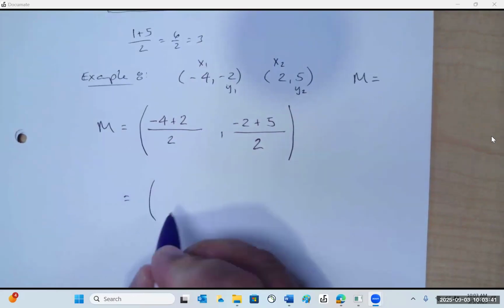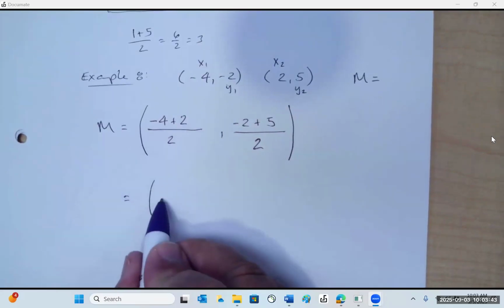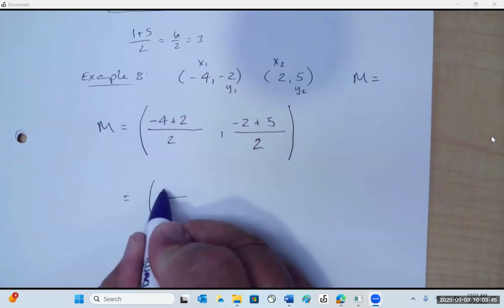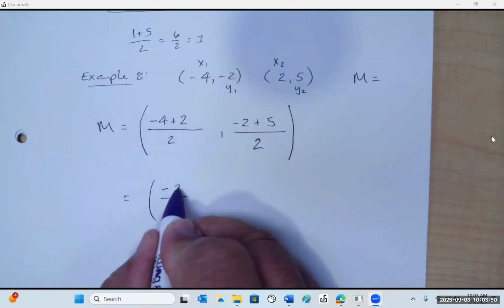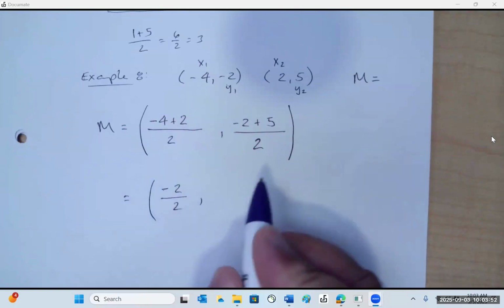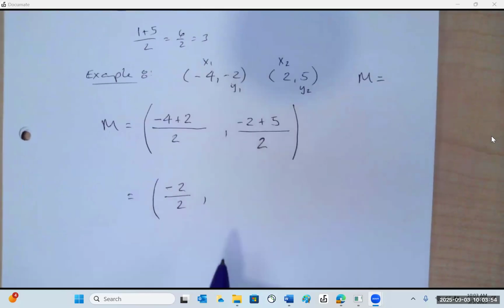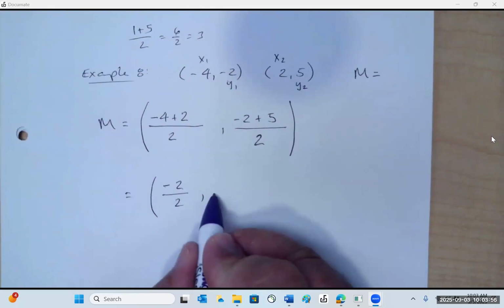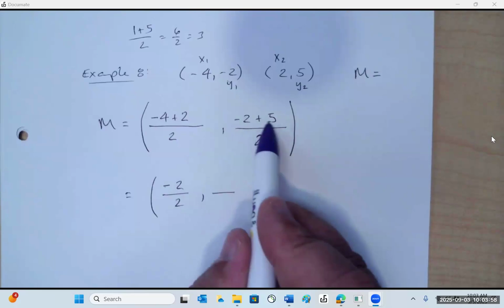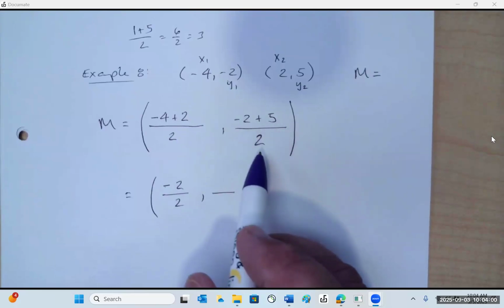What is -4 plus 2? Yeah, since 4 is bigger than 2, it's negative. 4 minus 2 is 2. Negative 2 plus 5. Is the answer going to be positive or negative?